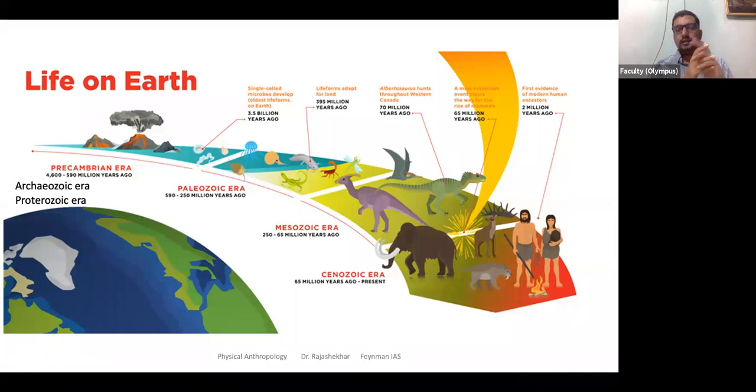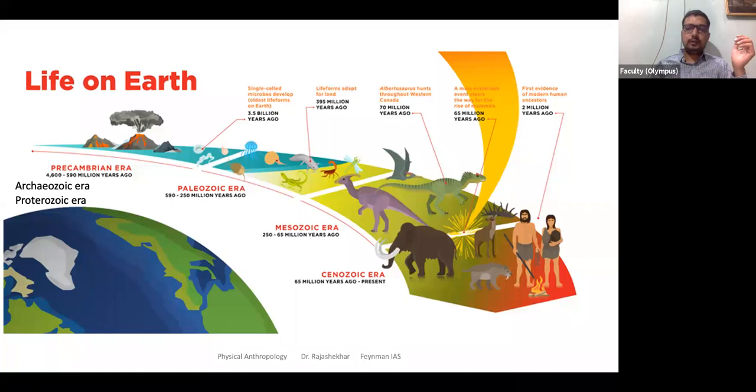Conditions have changed. They said there was a very, very warm climate before, and that warm climate slowly cooled down. Certain creatures could survive in warm climates, but could not sustain the changes in climatic conditions, and they got extinct. Like that, many life forms have come and gone, and today we are only seeing a very, very small percentage of life forms.